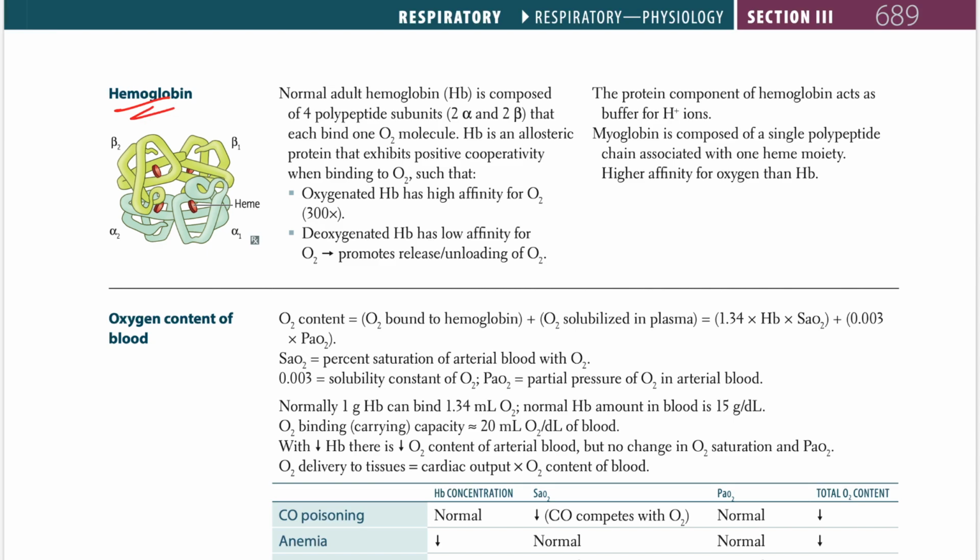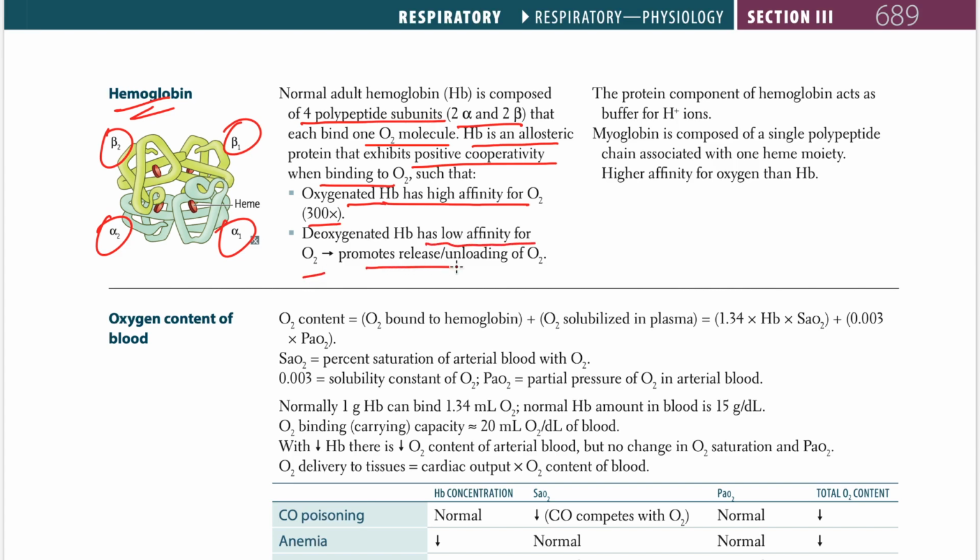Normal adult hemoglobin is composed of 4 polypeptide subunits, 2 alpha and 2 beta, 4 total, that each bind one oxygen molecule. Hb is an allosteric protein that exhibits positive cooperativity when binding to O2, such that the oxygenated hemoglobin has a high affinity for O2, 300x, while the deoxygenated hemoglobin has a low affinity for O2, which promotes the release and unloading of O2.